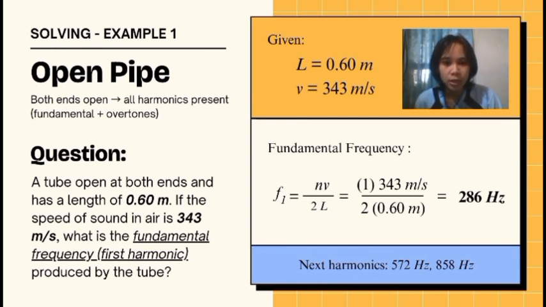So we just need to substitute our given values in the formula, and if we solve it using our calculator, the result will be 286 hertz. So that is how you solve for the open pipe.